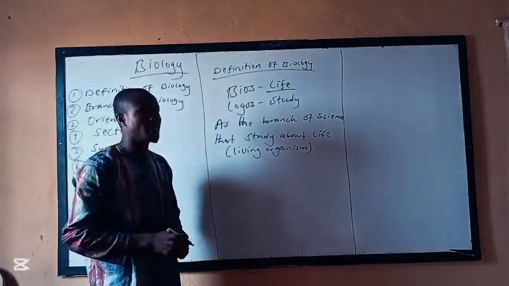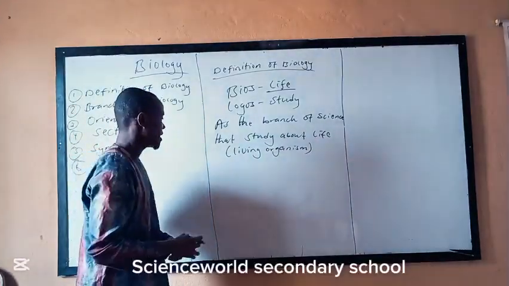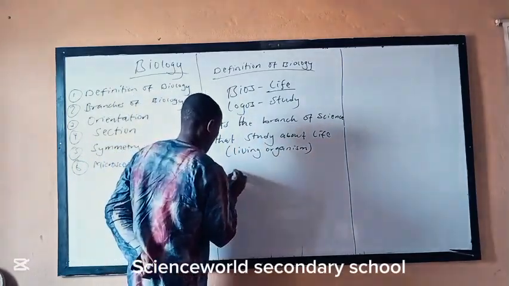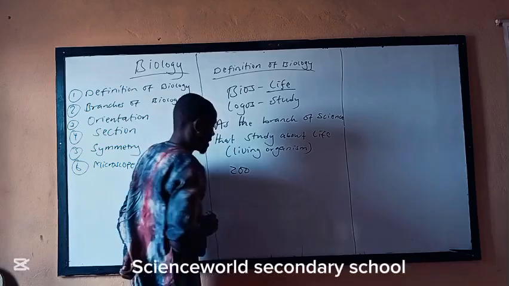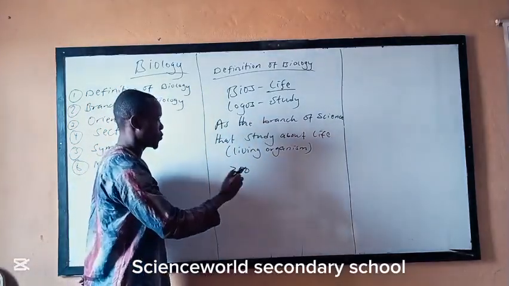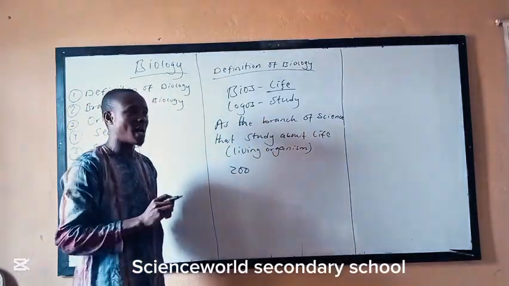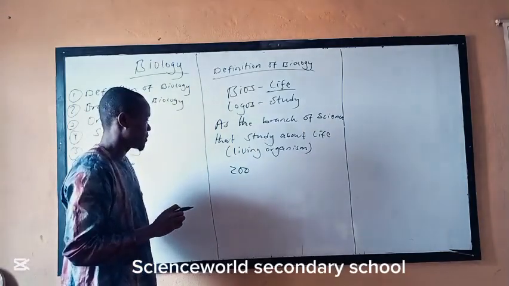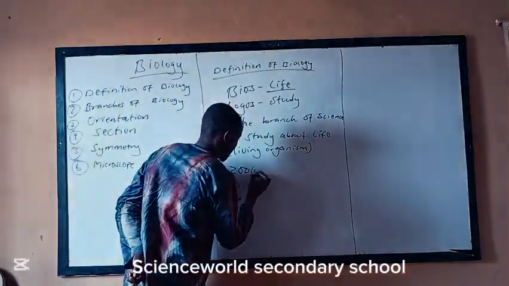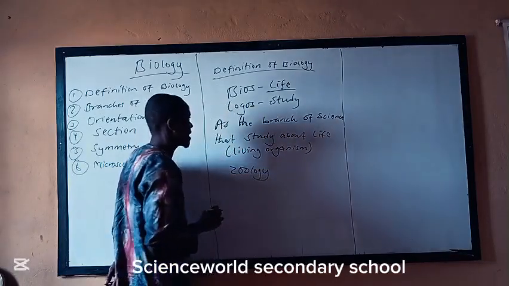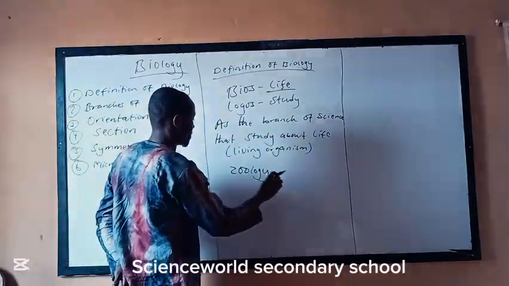It can be divided into two main divisions. We have the first one, like this one here is zoo. Zoo is a place where wild animals are being kept. And zoology, just like I said, logos means study.